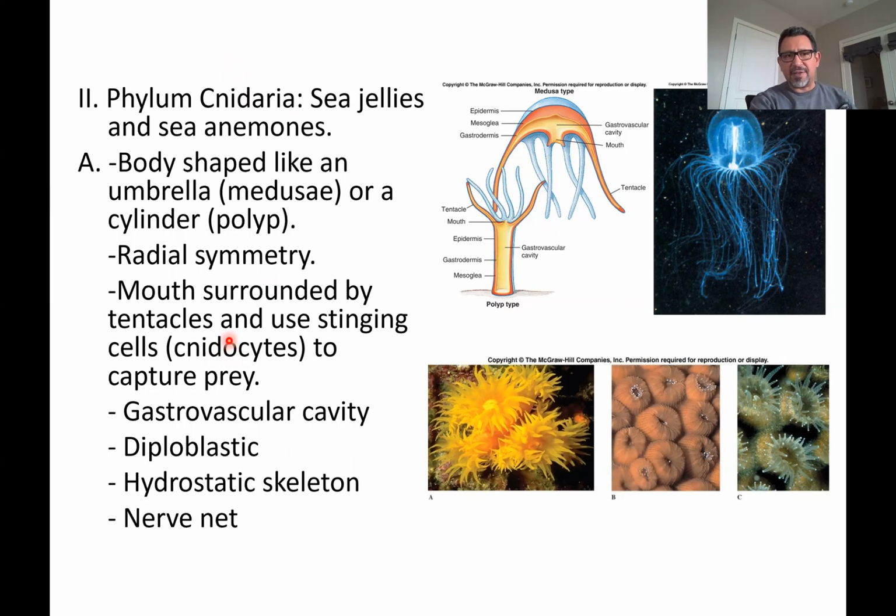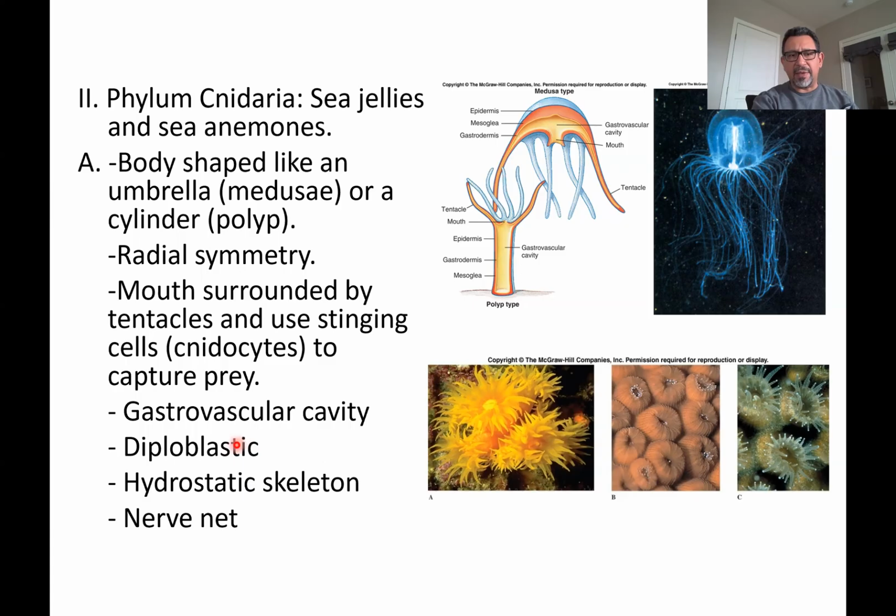The cnidocyte cells have inside a stinging capsule known as the nematocyst. And when that nematocyst is fired, it can deliver a venom that can paralyze prey or produce pain. That makes it easier for the cnidarian to then ingest the prey. Or the nematocysts can be fired and then used as defense to inflict pain on an animal that could be a threat.